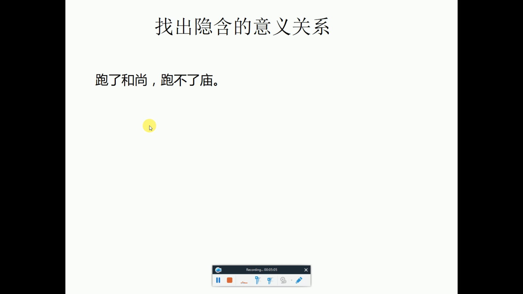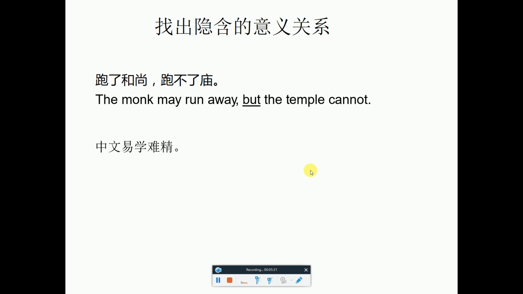跑了和尚跑不了庙. This is an old Chinese saying. In the relationship, the monk may run away, but the temple cannot. We need to use but to show the relationship of the two parts. 中文易学难精. 易学难精.